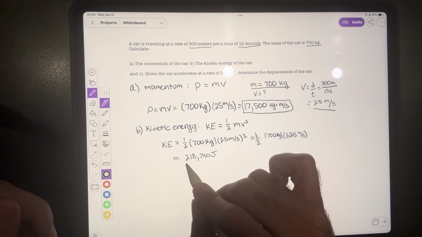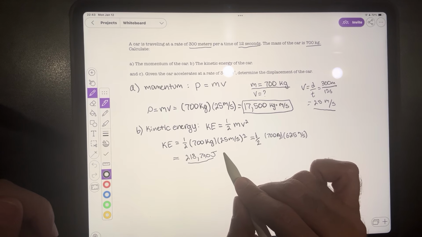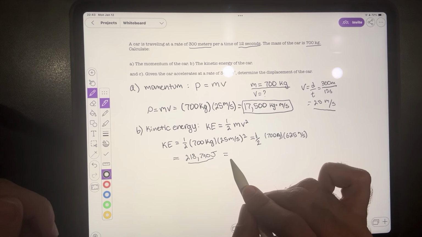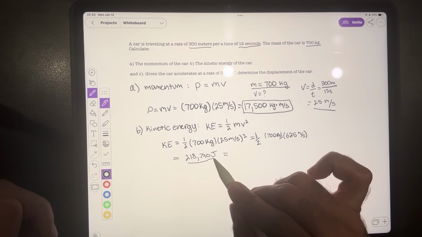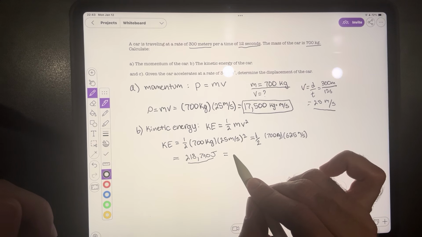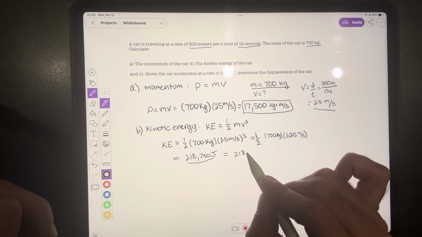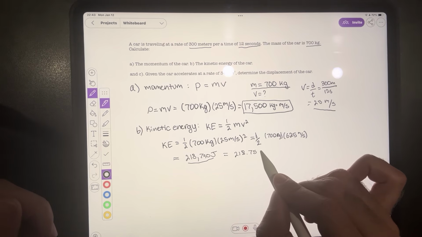Now we can use this, but it's better if we make it as efficient as possible and put it into simpler terms by converting joules to kilojoules, which will give us a smaller and better number.